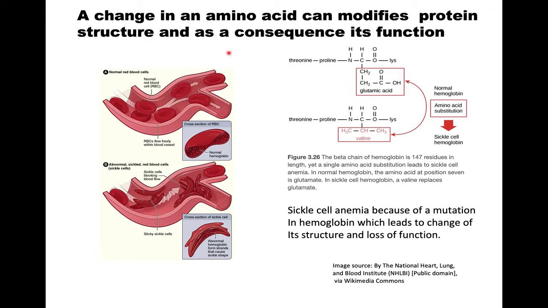Now, the sequence and type of amino acids in the protein is so important that sometimes a small change, just changing one amino acid in a protein, can have devastating consequences for the function of that protein and its structure. A good example of that is hemoglobin.